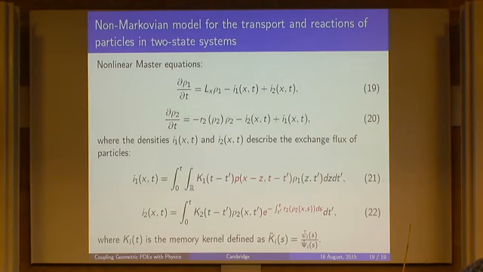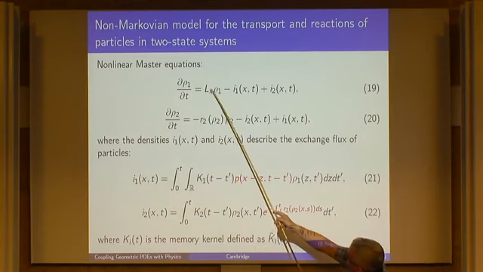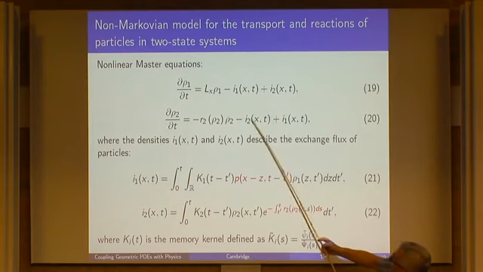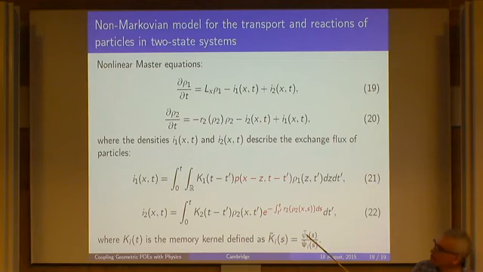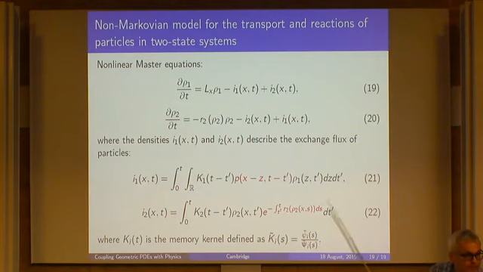I will just give you the final result. If you do a lot of mathematics, you end up with the following system. It is still the same master equation, with the same operator and the same degradation rate, but the switching rates are completely different. The switching rate is an integral over time and space, a memory and space effect. The escape rate from state 2 depends not only on the density, but also on the reaction rate.